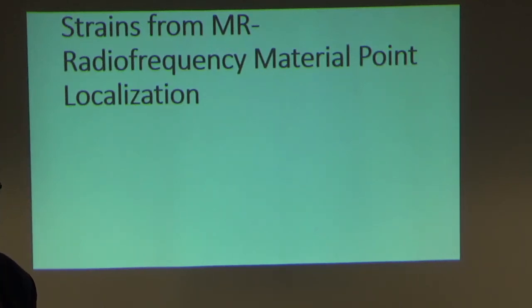And lo and behold, now, in a non-invasive method using what is called radiofrequency tagging, those black lines that you saw on the heart, it's using the MR experiment to essentially create these almost physical type tags on the tissue so that we could follow the deformation. So we're using MRI with radiofrequency tagging to label those material points.